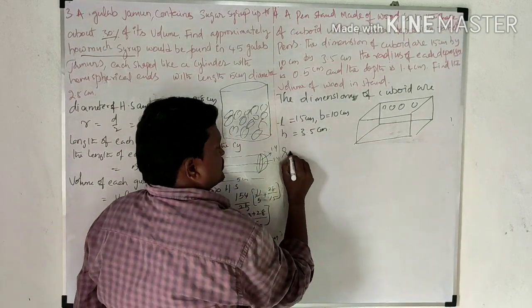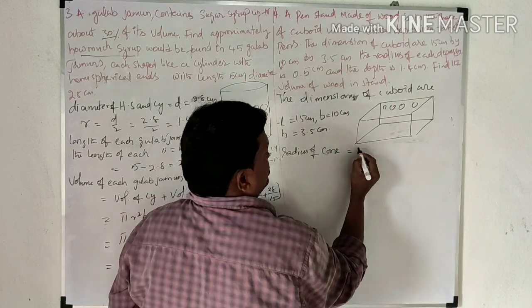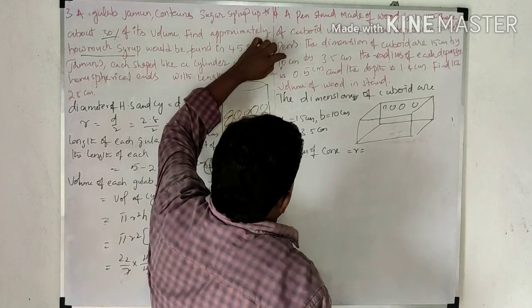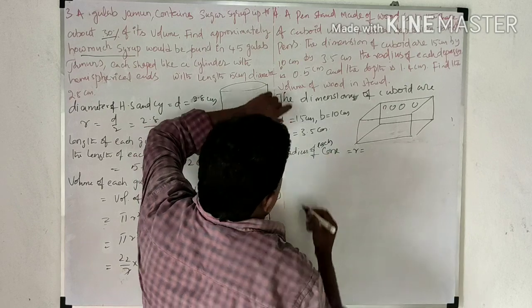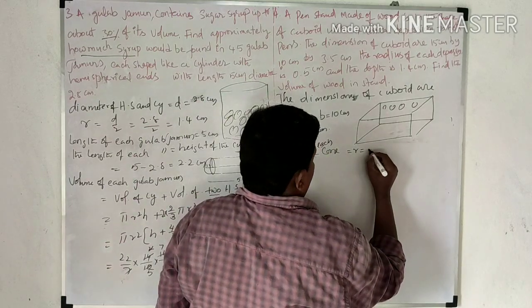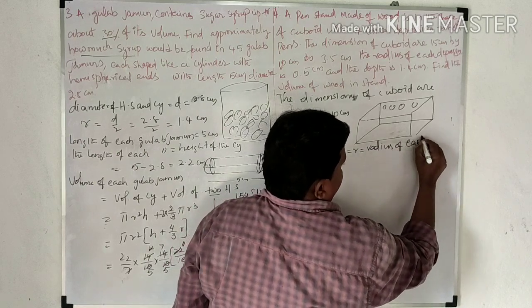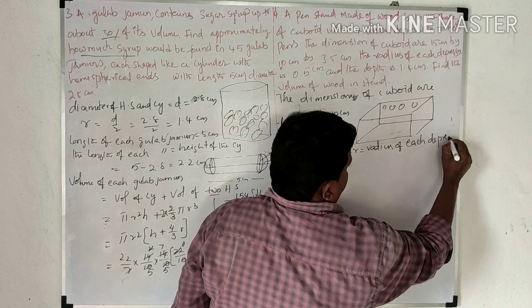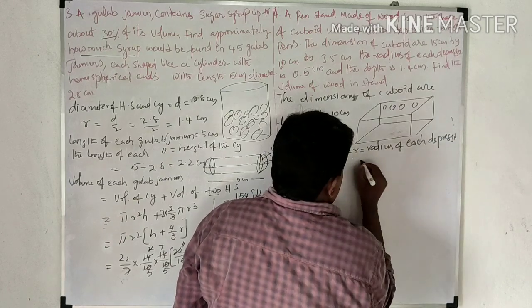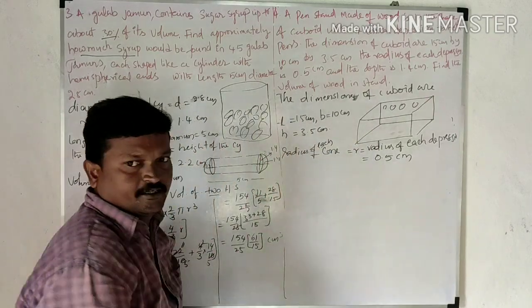Now the radius of cone is there, no? So the radius of each cone, how much is it given? 0.5. So radius of each depression is equal to 0.5 centimeters.